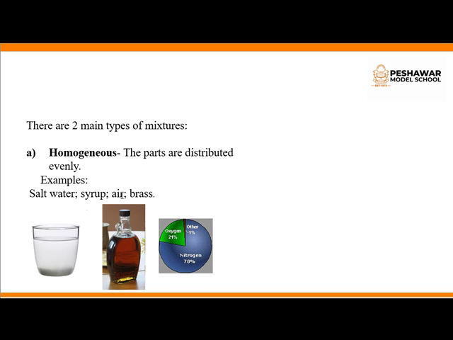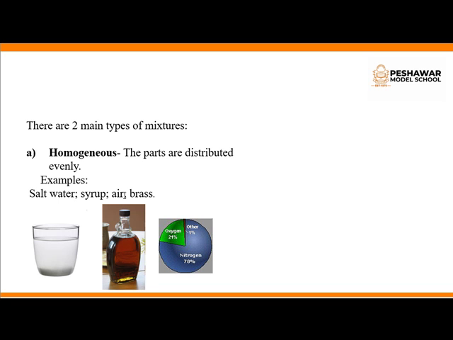Air is a mixture of different gases, among which are nitrogen, oxygen, and the rare gases which are present in the air. So they are present in a specific ratio everywhere.